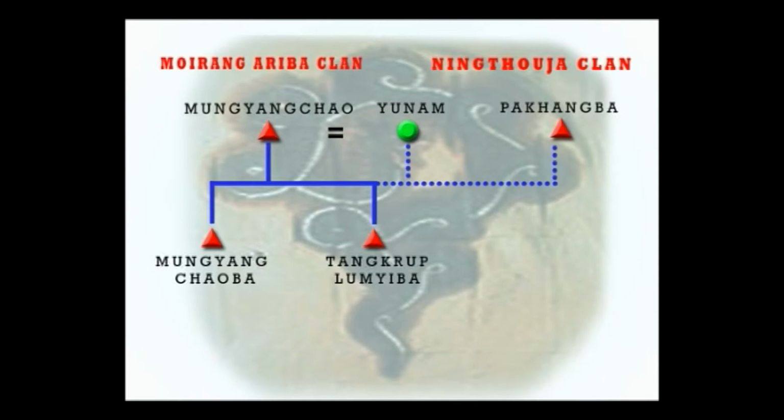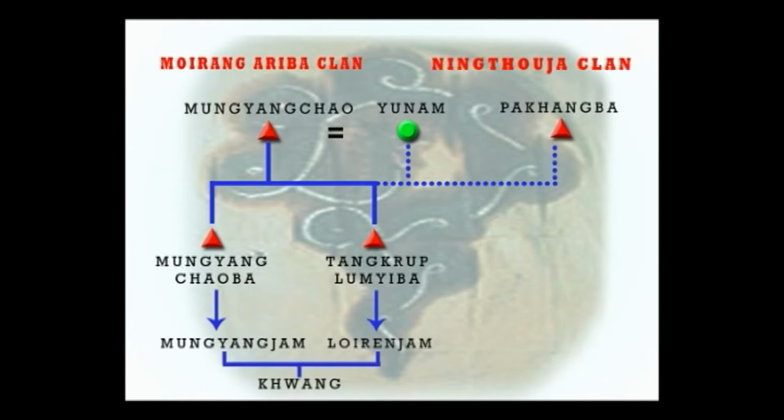The descendants of Mungyang Zaoba became the lineage Mungyangjam, whereas the descendants of Tangkrup Lumyiba became the lineage Loirenjam. Both lineages belonged to the Kwang group under the Moirang Ariba clan and not under the Ningthauja clan.